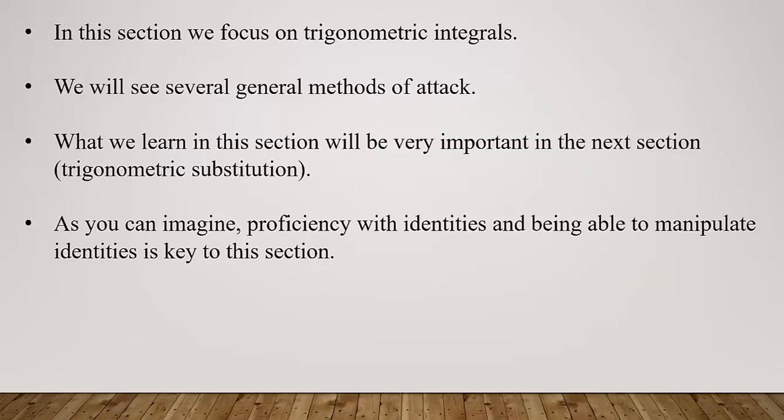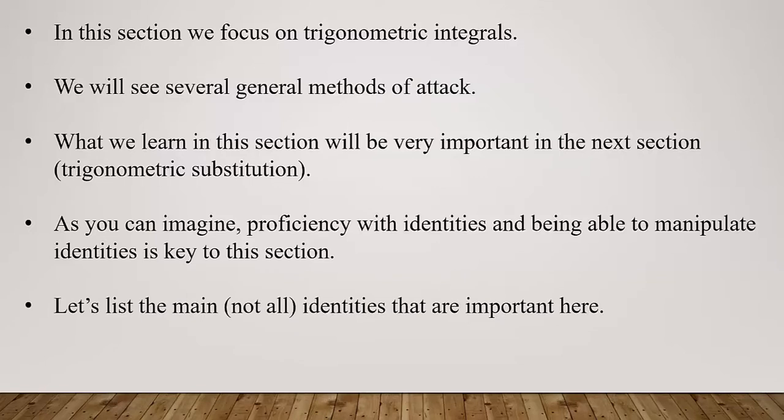As you could probably imagine, being really, really good with identities and being able to manipulate identities is going to be an important skill for this section. So at this time, I'm going to list the main, not all, but the main identities that will be important in this section.